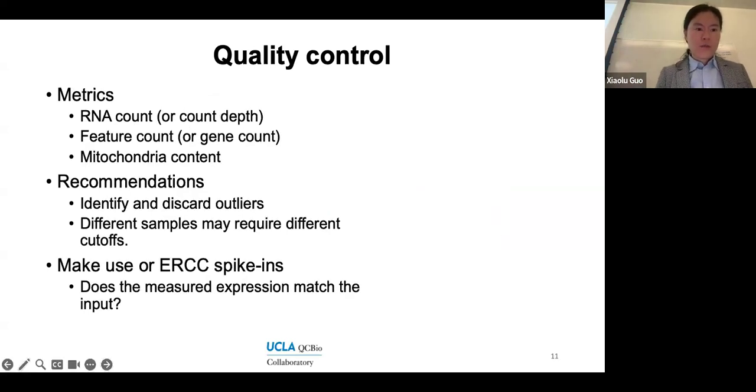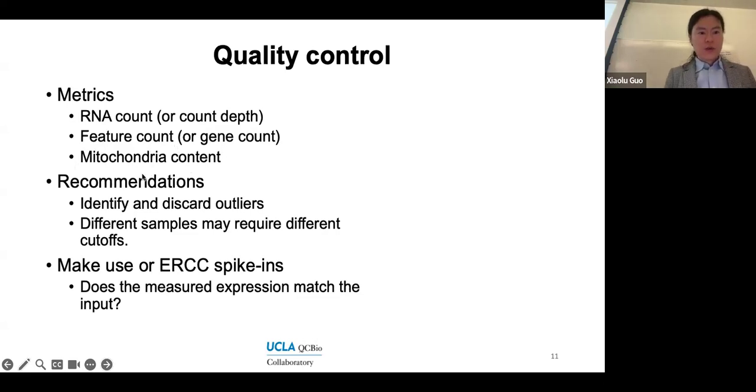For quality control, we need to focus on three metrics. One is the RNA count, and also the feature count. This is the total mRNA, and this is the number of genes expressed, and also the mitochondrial content.